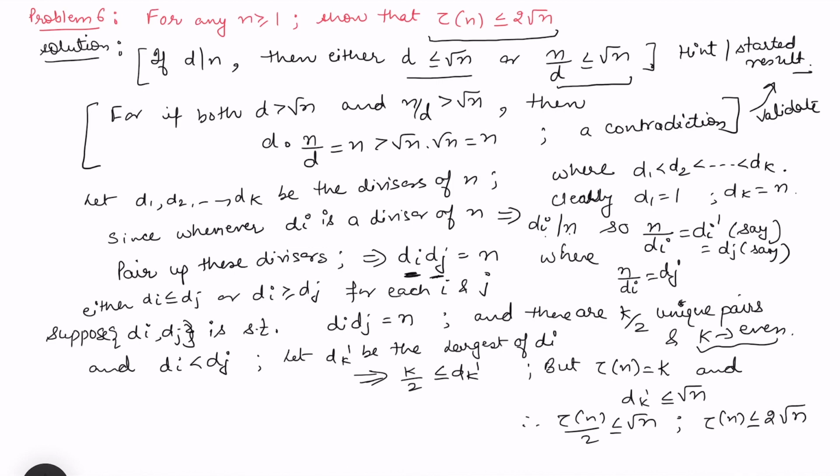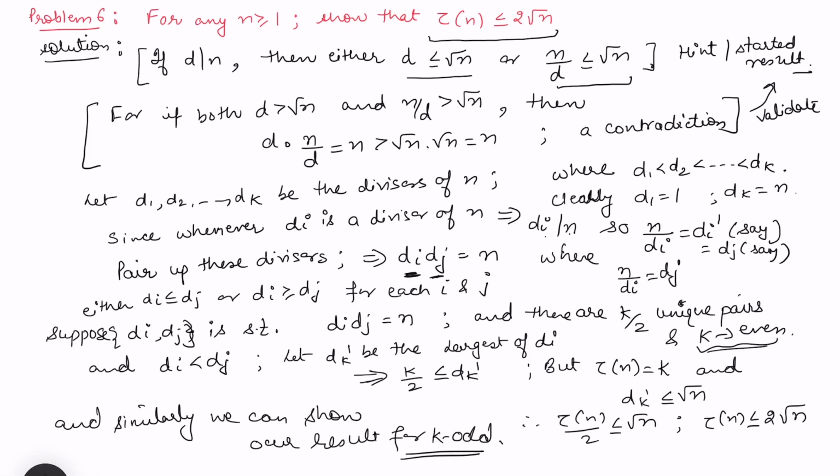And similarly we can show our result for k odd. Earlier I considered k to be even. In a similar process you consider k to be odd, and in that case we consider k minus 1 by 2 pairs, and repeat the process.